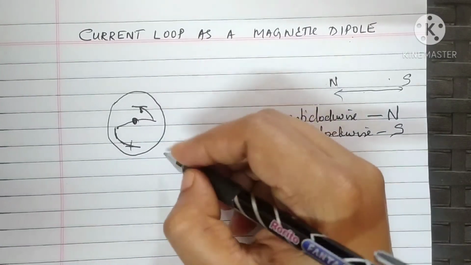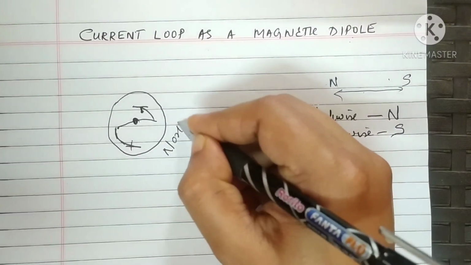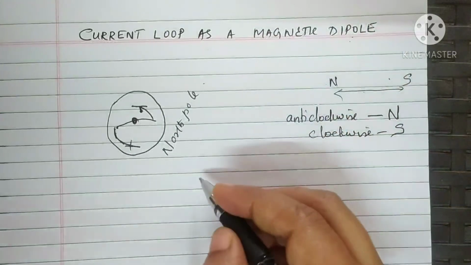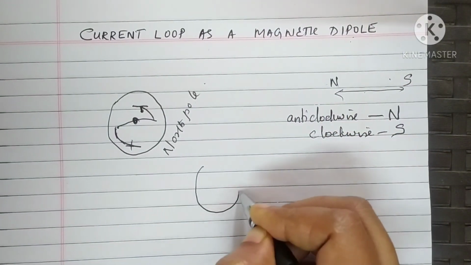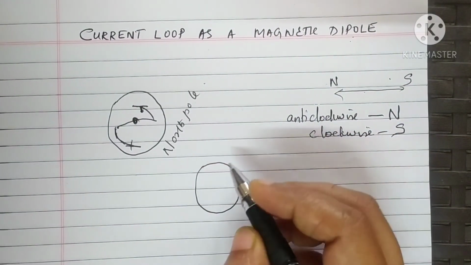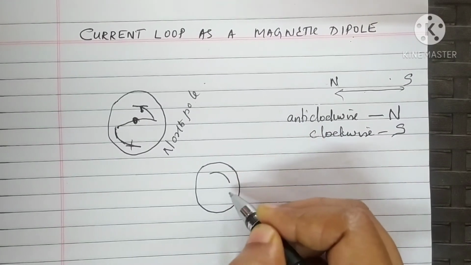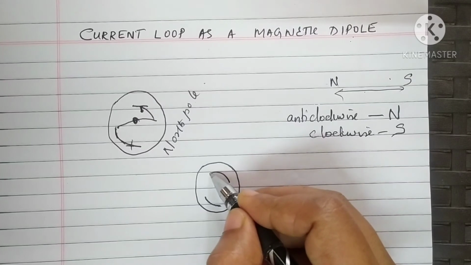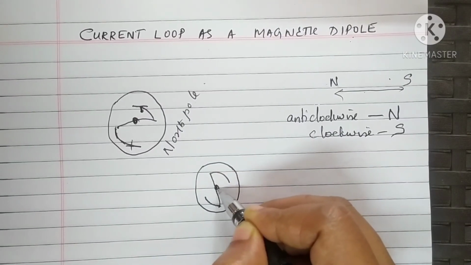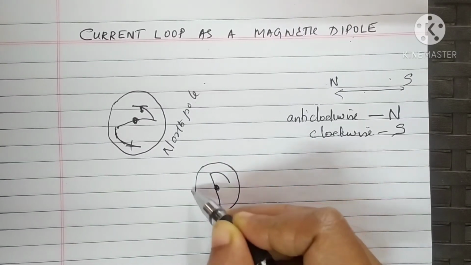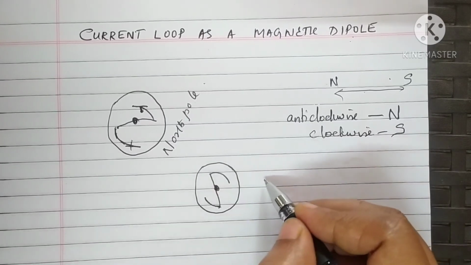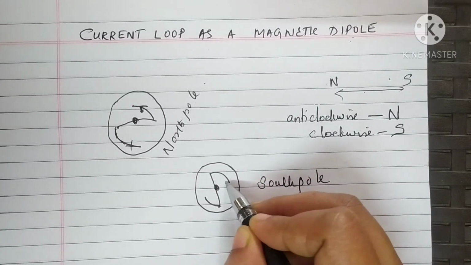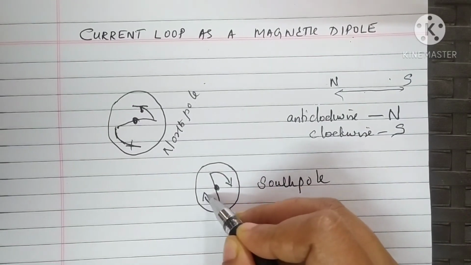You can see, north pole. Clear? Now if it is clockwise, like this, if it is moving in this way, you can call it a south pole. You can see that, south pole. The direction is clockwise.